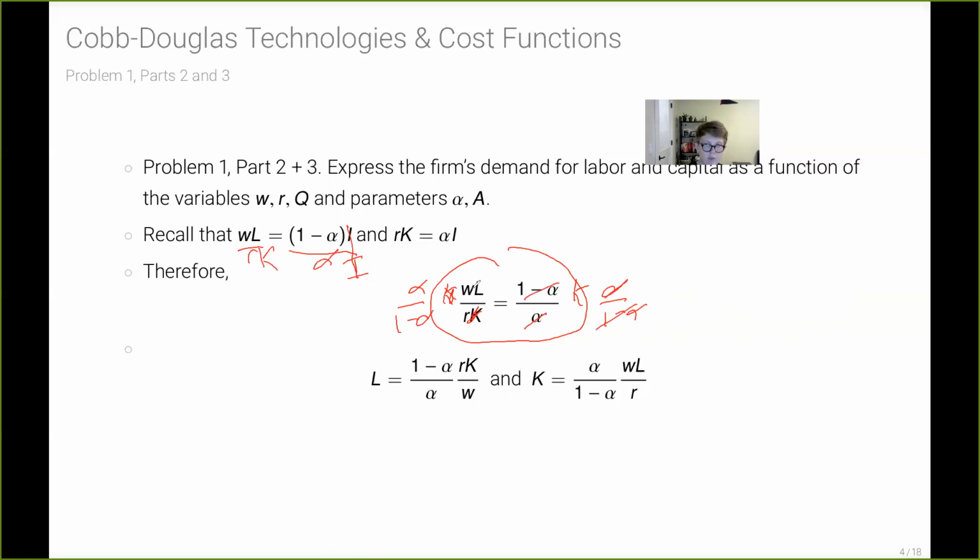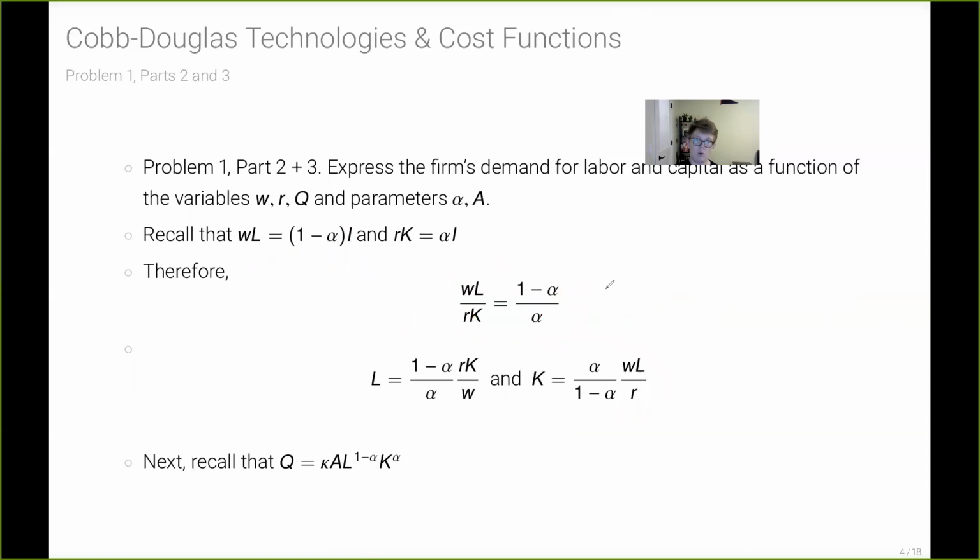And then I'm just left with WL over R times alpha over 1 minus alpha, which is this expression here. Okay, so that's the first step. Notice that L and K are still functions of each other, and so I need to do a few more steps.